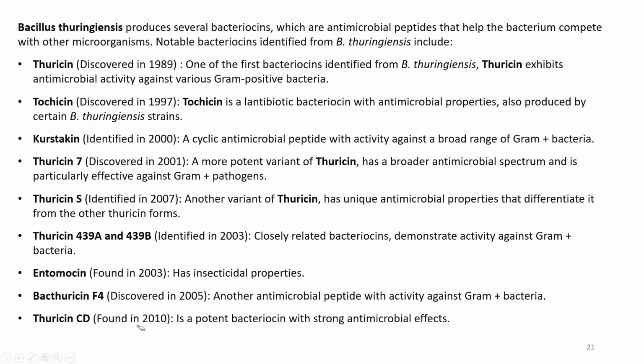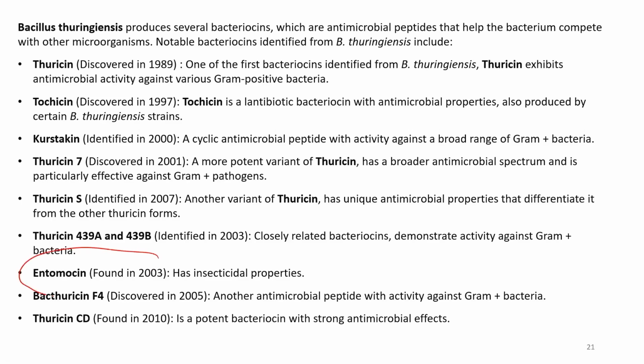Then there is another variant, thuricin S, identified in 2007, which has unique antimicrobial properties that differentiate it from the other forms of thuricin. Then there are others like thuricin 439A and 439B, identified in 2003. They are closely related bacteriocins which demonstrate activity against gram-positive bacteria.